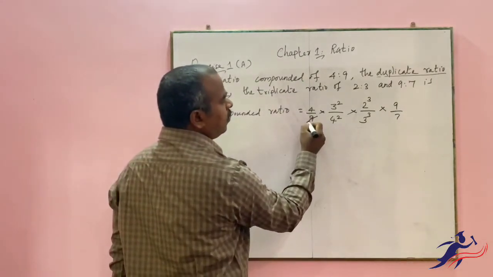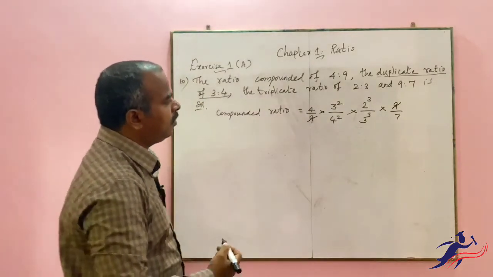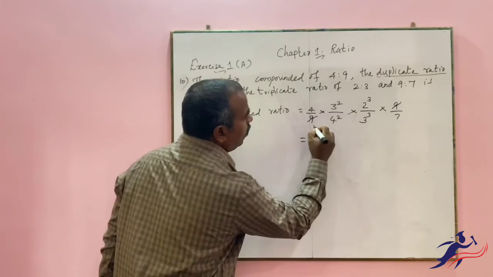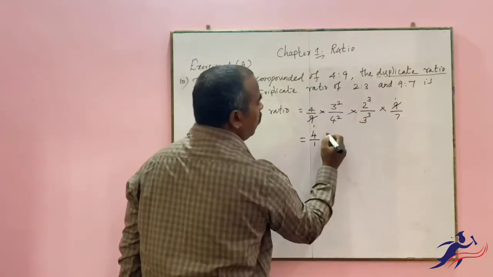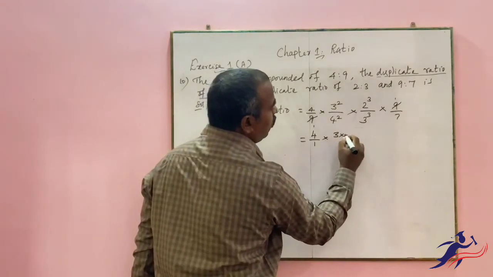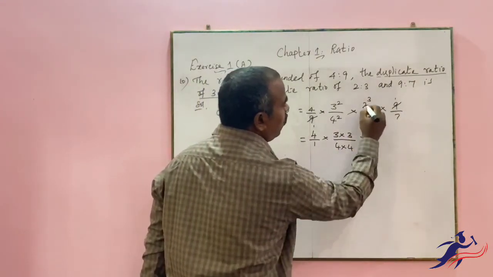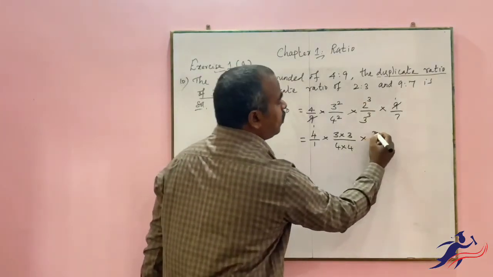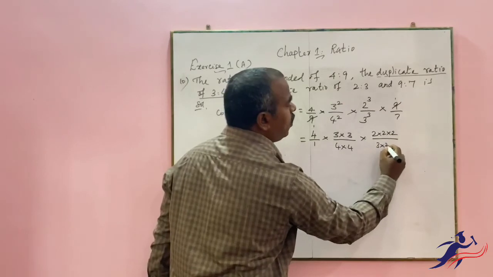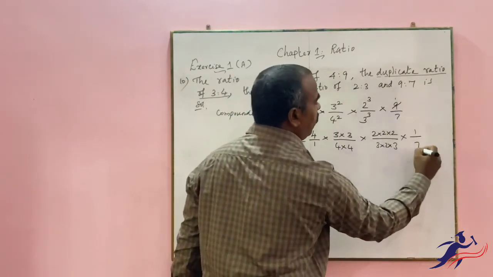That is 9, 9 get cancelled. So again I am writing this, that is 4 by 1, that is 1, 1 into 3 square can be written as 3 into 3, 4 square can be written as 4 into 4, 2 cube can be written as 2 into 2 into 2, 3 cube can be written as 3 into 3 into 3, into, that is 1 by 7.